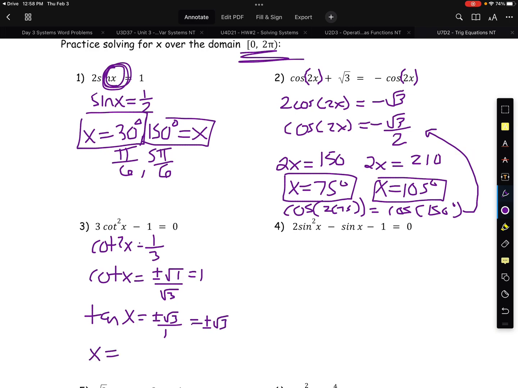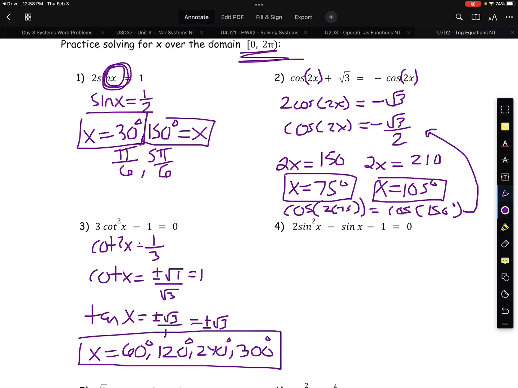So what does x equal in this situation? We're talking about tan positive negative rad 3 at every single quadrant. So we have 60, 120, 240, and 300. Those are the degree answers, but if it wants radians, you put in radians.